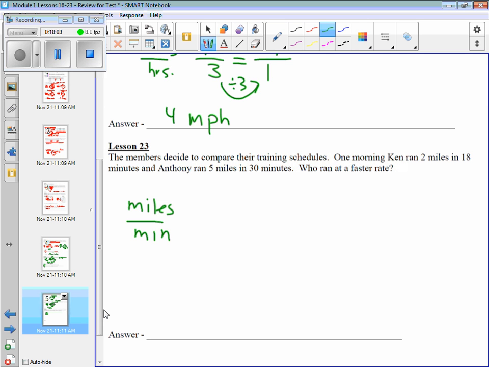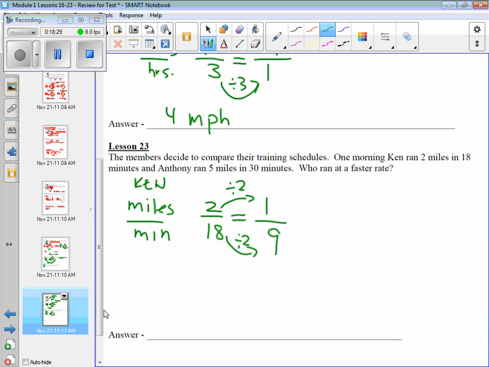So we'll keep it where we're trying to find the unit rate per mile. Ken is 2 miles, 18 minutes. That's going to create an equivalent ratio when we divide by 2. 1 to 9. That's Ken.